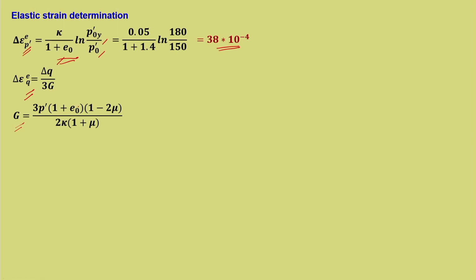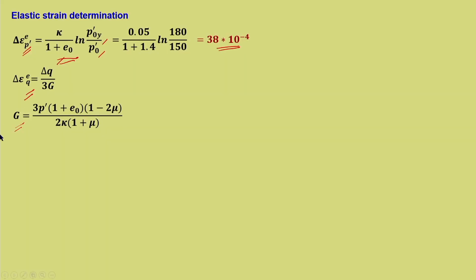It is 3 p dash 1 plus E naught 1 minus 2 mu upon 2 k 1 plus mu, mu is the Poisson's ratio, E naught is known. P dash, please remember here, since it is a line starting from q equal to 0 to q equal to qy, better to take the average of the stresses corresponding to this, that is p dash will be the average value. So, p dash is equal to p naught dash y plus p naught dash, that is the initial value plus the yield value, that average we will take.